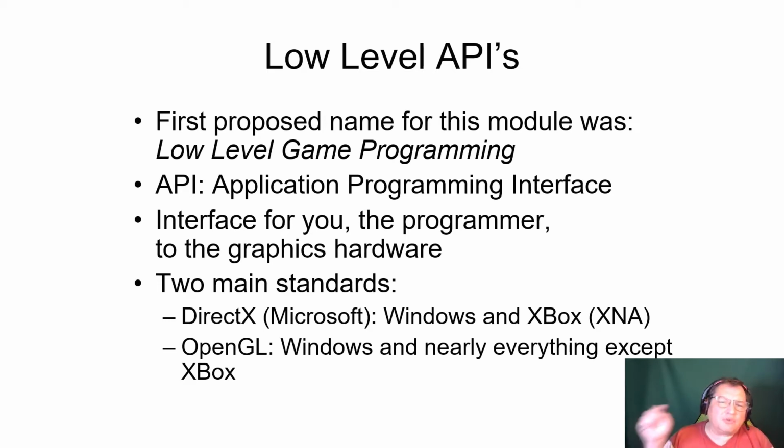This is an interface for you, the programmer, the interface to the graphics hardware. There are two main standards, as I mentioned: DirectX, produced by Microsoft, primarily used in Windows and on the Xbox platform, and OpenGL, which is also available in Windows, but also nearly everything else except Xbox.